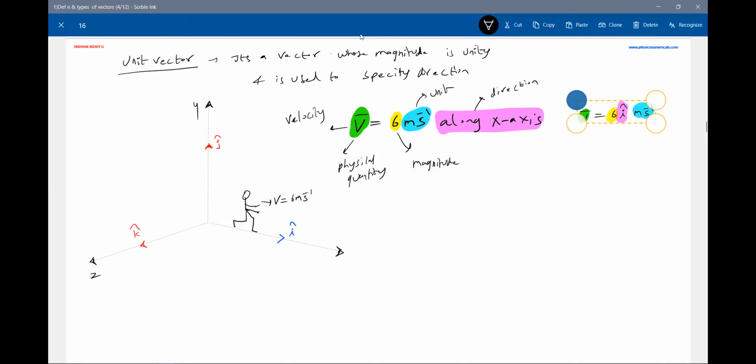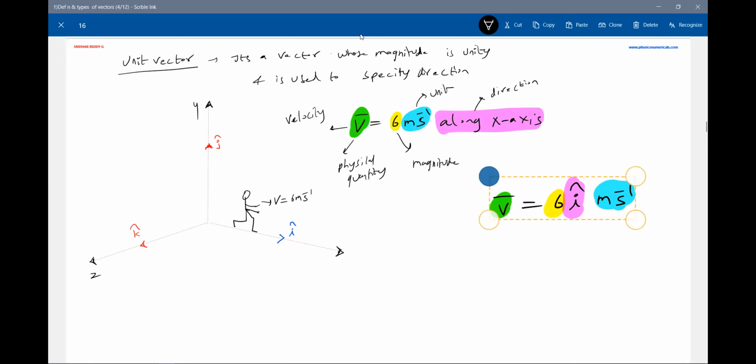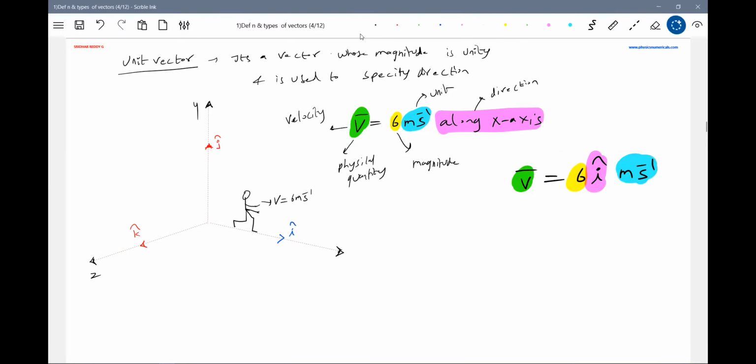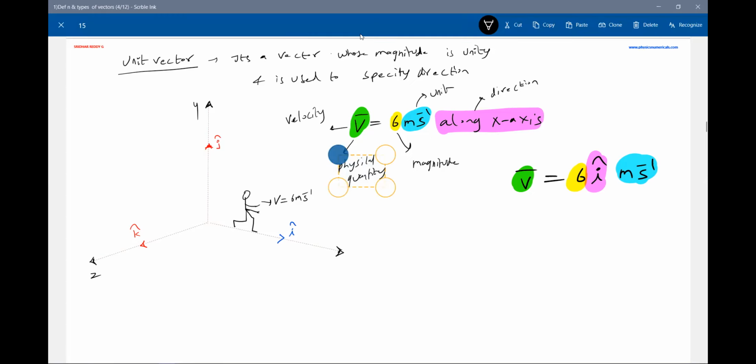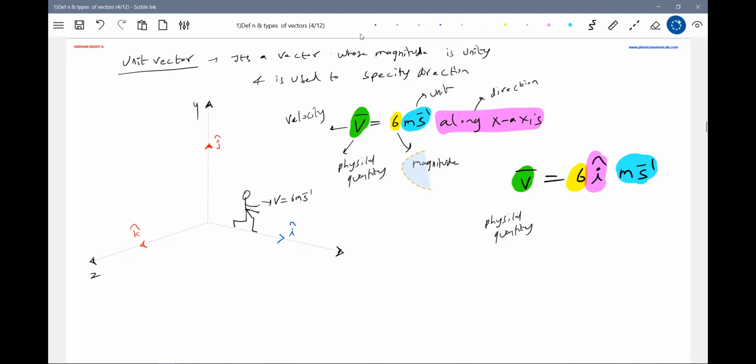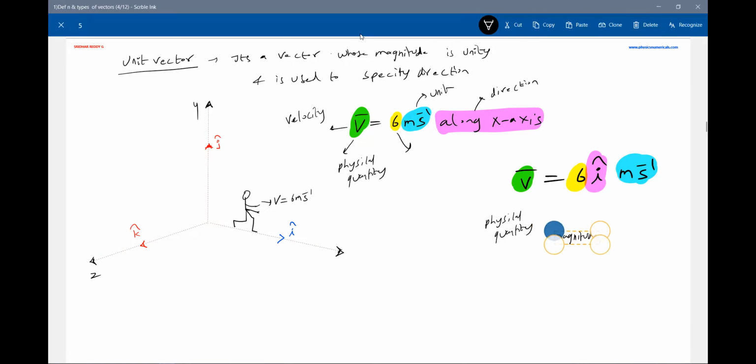Similarly, the same thing here. If I bring this, what does this indicate? This particular green color one, V bar, indicates the physical quantity. Then the magnitude. The pink color one, the direction.